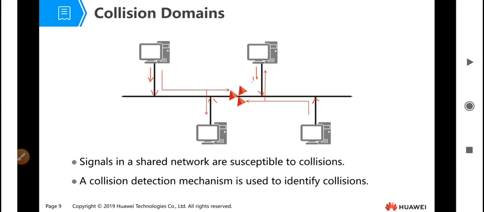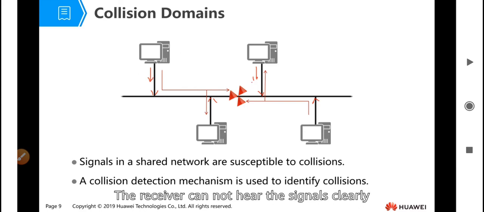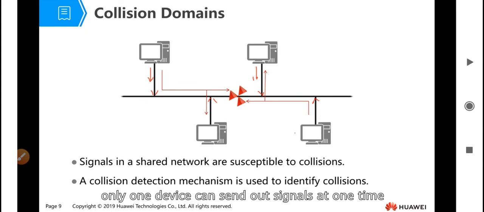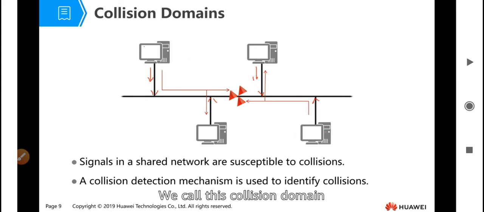And then the receiver cannot hear the signals clearly. So in this domain, only one device can send out signals at one time. This we call a collision domain.